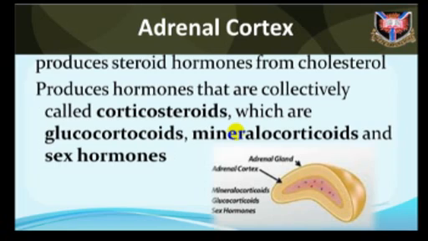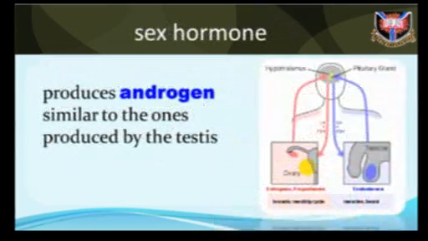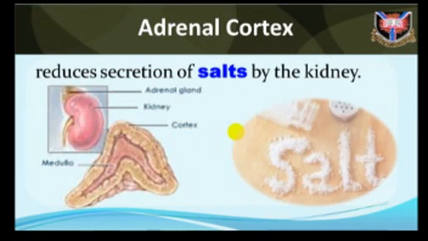Mineralocorticoids produce aldosterone, which maintains the water and electrolytes of the body by stimulating sodium reabsorption and potassium excretion. The sex hormone produces androgens similar to the ones produced by the testes. It reduces secretion of salts by the kidney.